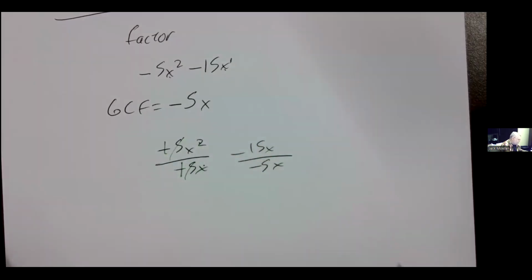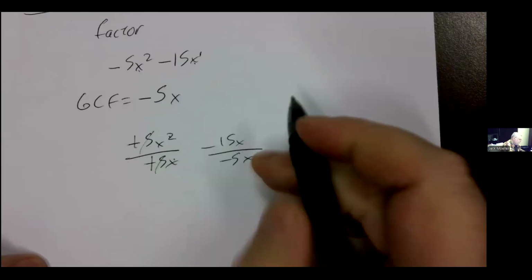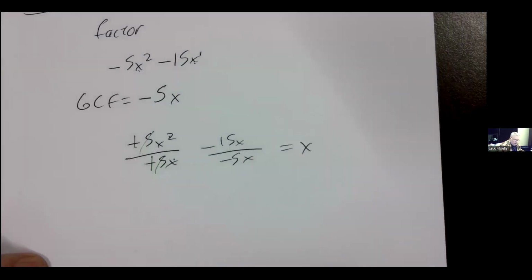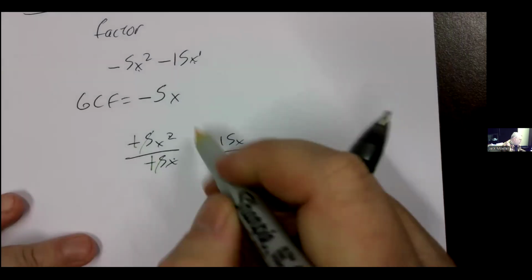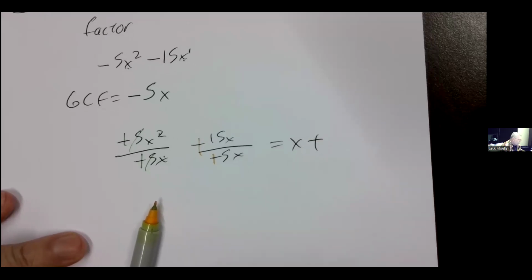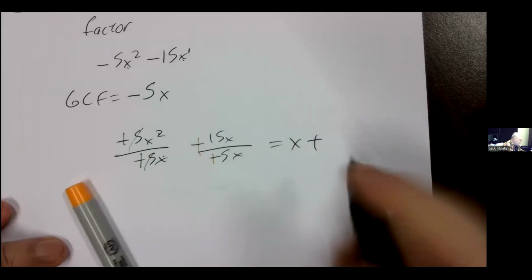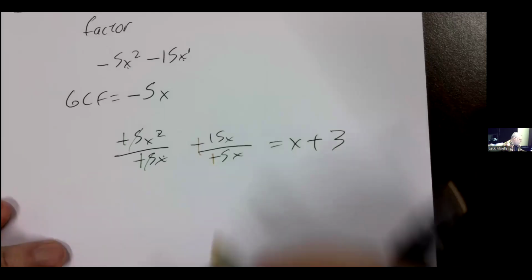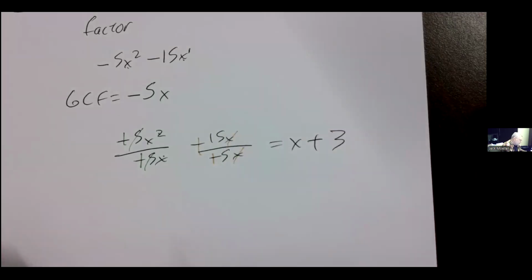So we're doing x squared divided by x. It's just x. And then over here, negative divided by negative goes to positive. So that second term will be positive. 15 divided by 5 is 3. And then x divided by x again, that'll cancel. So it's just negative 15x divided by negative 5x is plus 3.